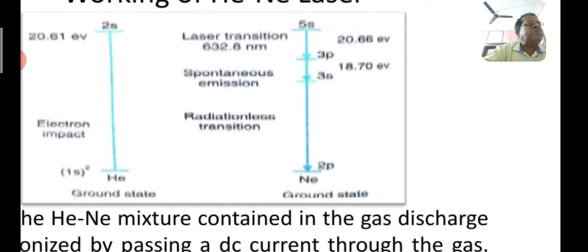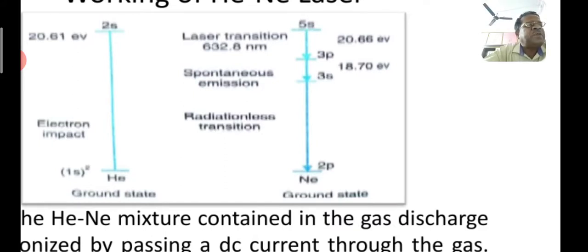The helium neon mixture contained in the gas discharge tube is ionized by passing DC current through the gas. Helium atoms are excited very efficiently by electron impact into the 2s level, while the neon atoms are not so readily excited by the electrons. This excited 2s state of helium is relatively long lived, that is, the 2s state is a metastable state.